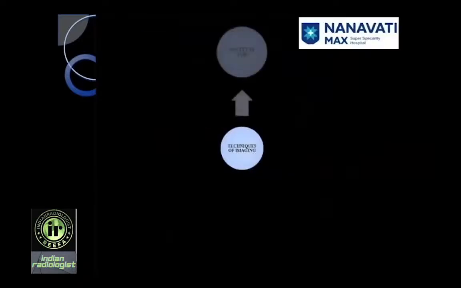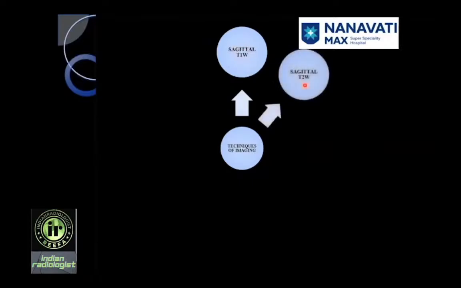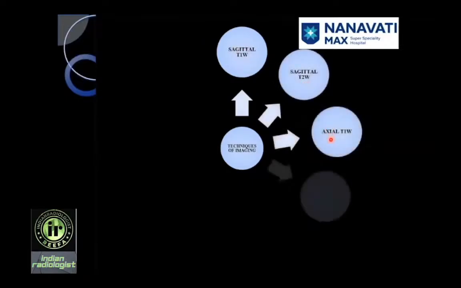So broadly, when we do cervical, dorsal or lumbar spine MRI for degenerative disc disorders, we obtain 3 or 4 mm sagittal T1 weighted images, 3 or 4 mm sagittal T2 weighted images, and axial T1 and axial T2 in the dorsal and lumbar spine are again 4 mm each.